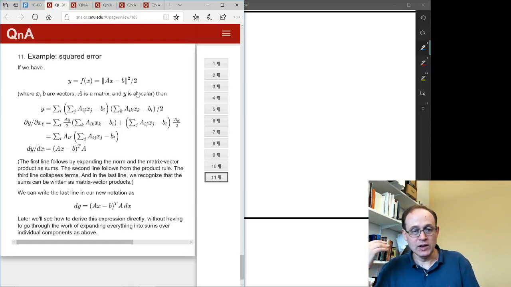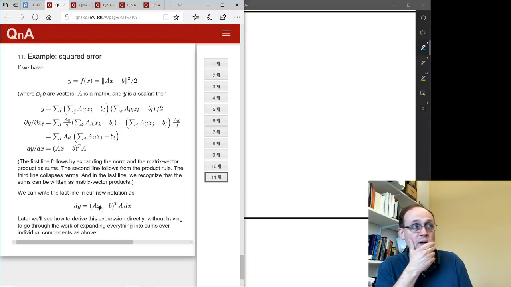To do that, the first step would be to take the derivative of y with respect to x. We could do it the old-fashioned way, which I've written out here, or what we're going to talk about today is how to do it in this differential notation, which will, in only a couple of lines, get us that the change in y is a linear function of the change in x, and the coefficients of that linear function depend on x.